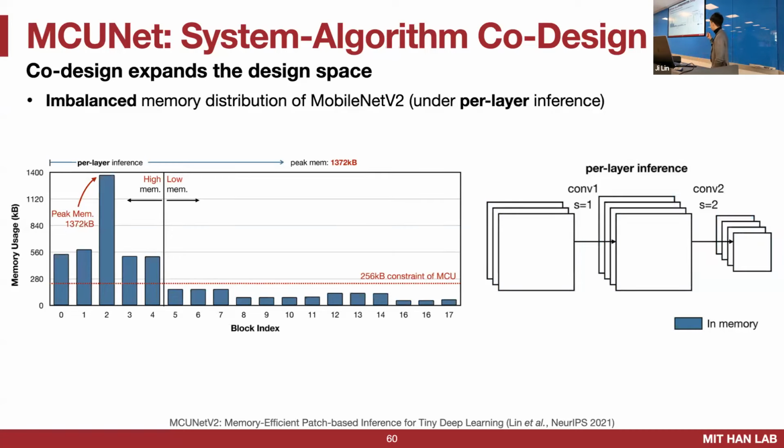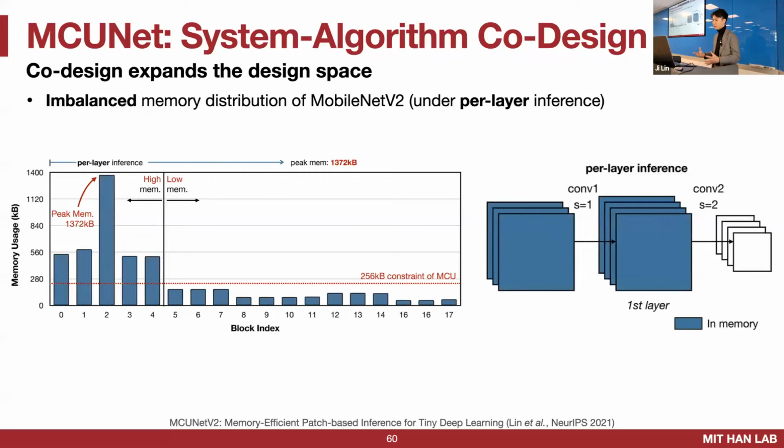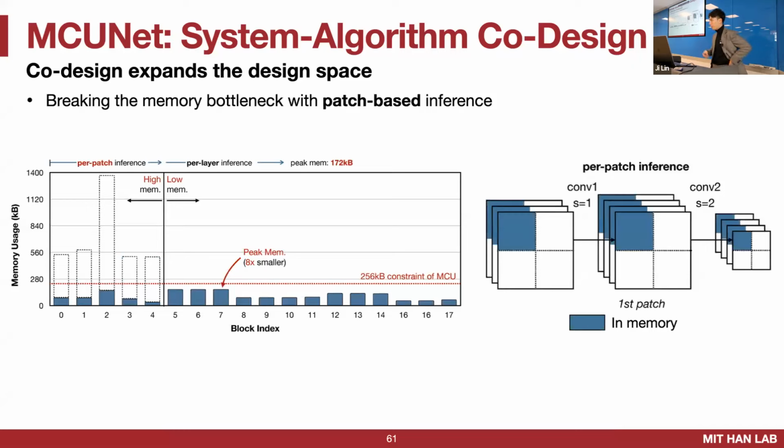This is because you are running the model layer by layer, and the resolution at the initial stage of the model is usually high, so it leads to a large feature map size. On the right-hand side, if you want to run a 2-layer convolution layer by layer, you need to fit both the input and output activation in the memory. That leads to the high peak memory on the left-hand side. But if we enable a new inference scheduling, for example patch-by-patch scheduling, we don't run the entire feature map, but instead only run a small patch at a time.